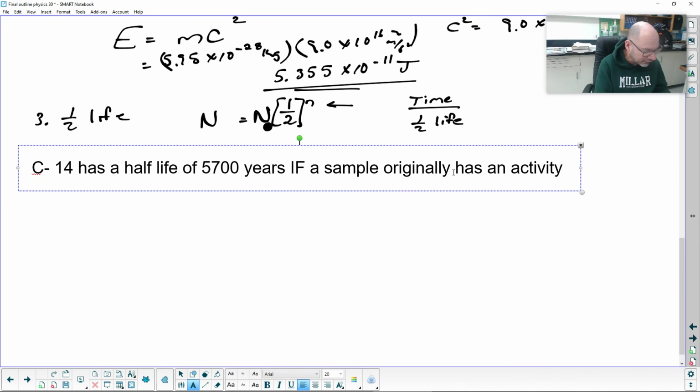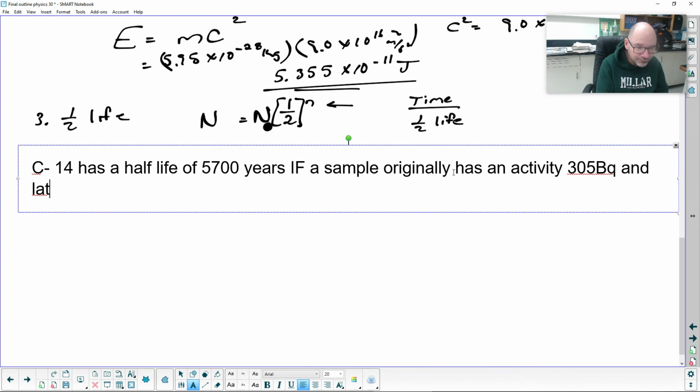Has an activity of, let's say, 305 becquerels. And later, its activity is, let's say, 40 becquerels. How old is the sample?